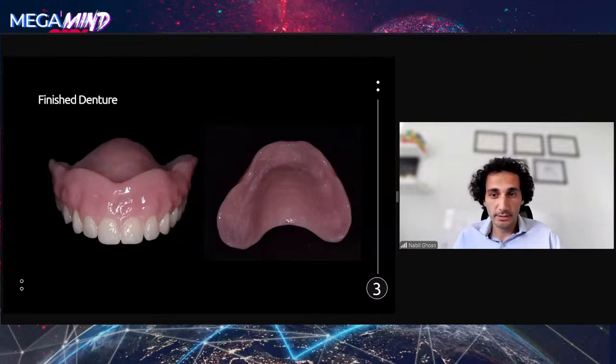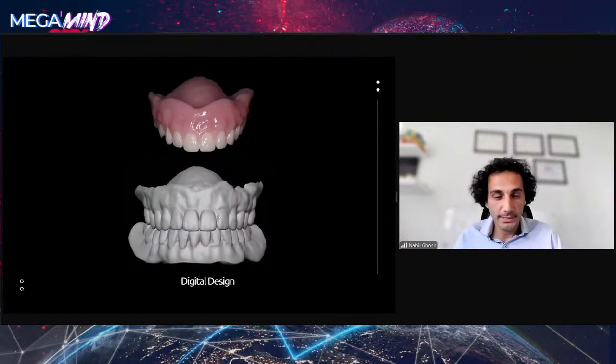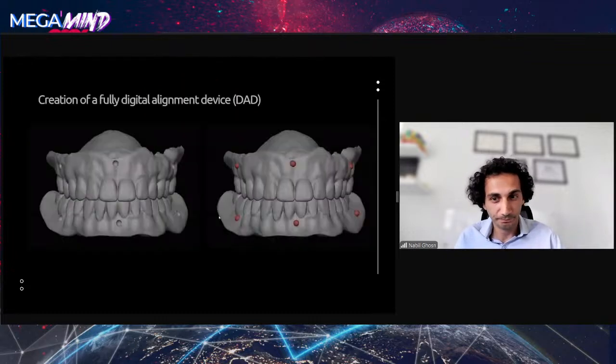Now, in regular cases, depending on what we saw earlier, we will have to scan this denture and add radio-opaque markers to it in order to do the dual scan CBCT protocol. But here, in this case, we don't need to do that because we already have the digital model, so we can skip this part.